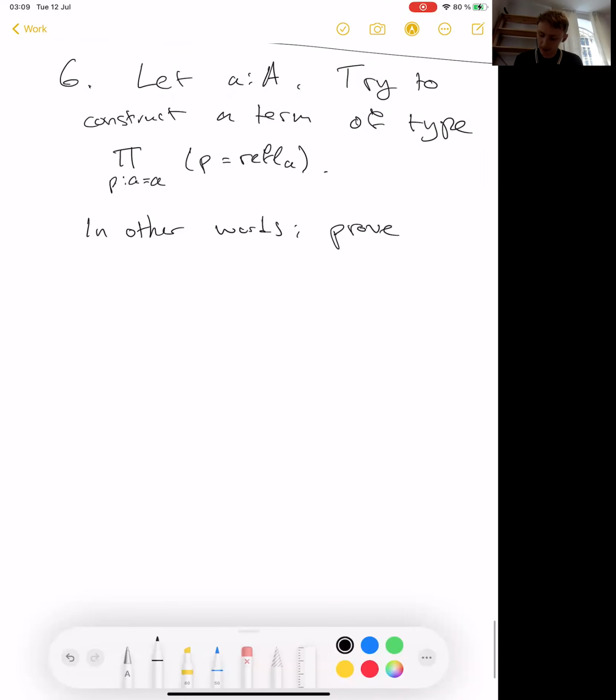So in other words, prove that for every p, a equals a, we have p equals refl a.